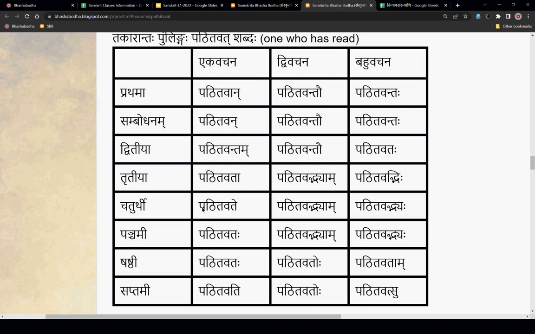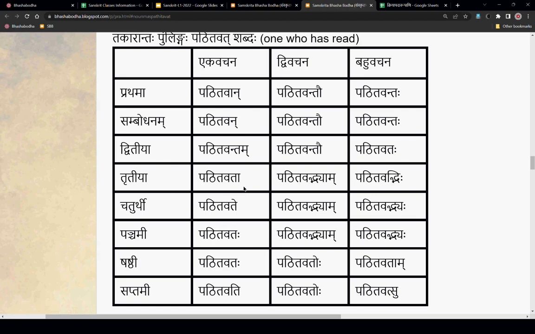You can add the Karma Padam also, like Saha Pustakam Patitavan Balakaha, or Saha Balakaha Pustakam Patitavan. Either way. In Dvitiya Vibhakti, Patitavantam Balakam Pashyatu. Tritiya: Patitavata Balakena.